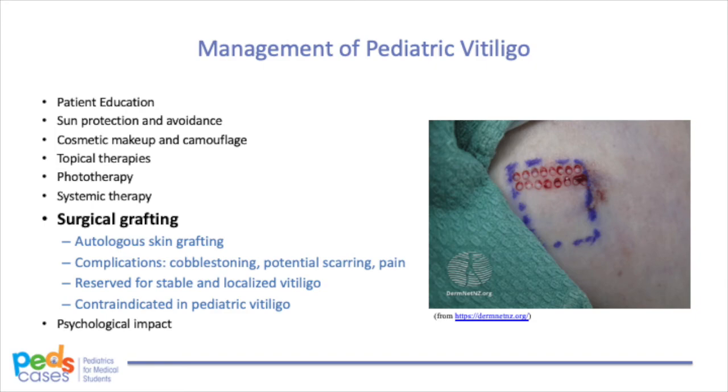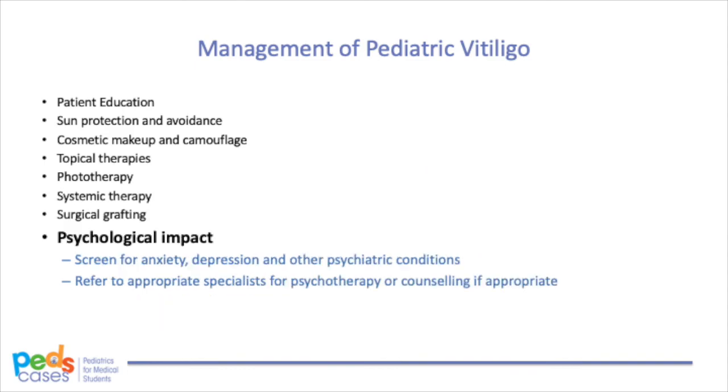There is strong evidence suggesting the association of vitiligo with anxiety, depression, and other psychiatric conditions. Patients may face long-term social discrimination and be in a constant fear of disease progression. These factors contribute to decreased quality of life and significant psychosocial burden.